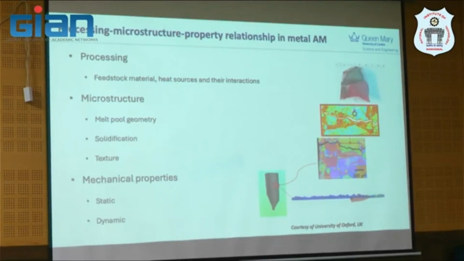Again, this poses another challenge because this process introduces some kind of non-equilibrium microstructure at this level. You see, this red zone means hard or quite hard, and then soft and hard in one grain. We need to do something about it using post-treatment. But if you don't know this, how can you do it? It's not just a simple plasticity problem like in forging that you can homogenize using heat treatment anymore.